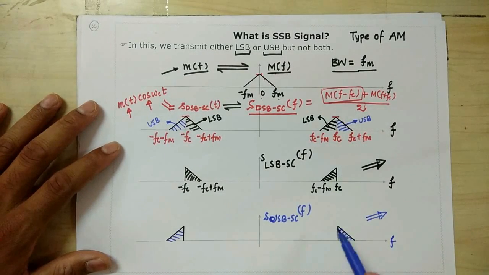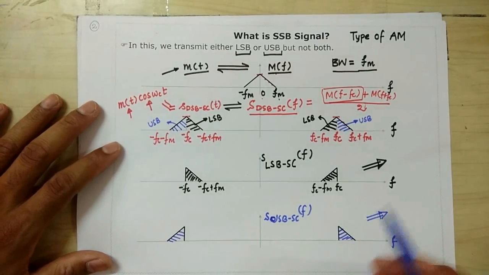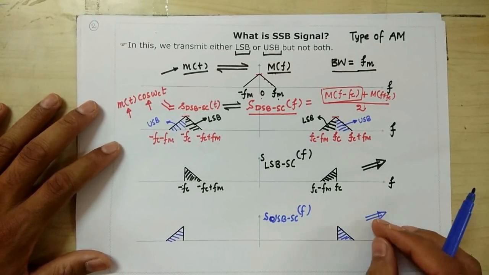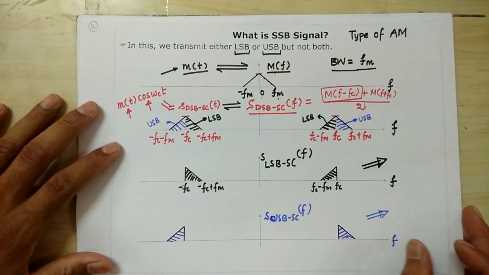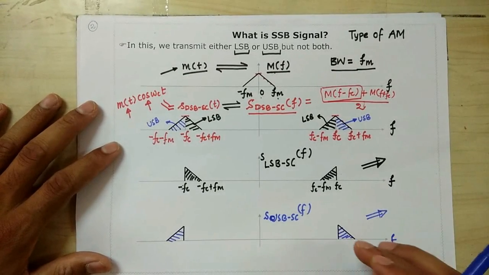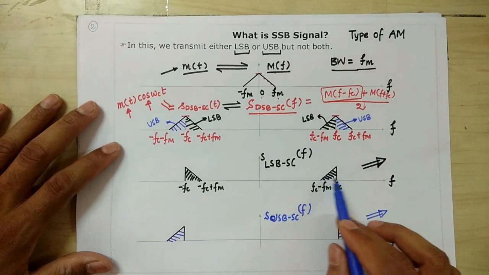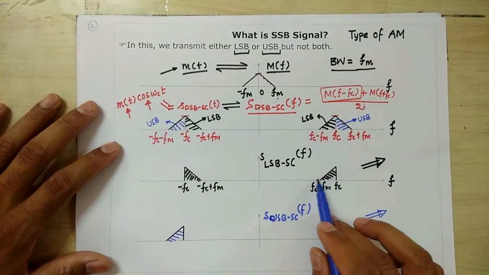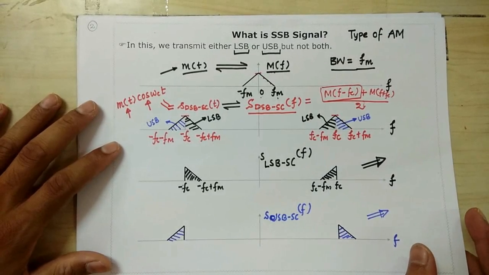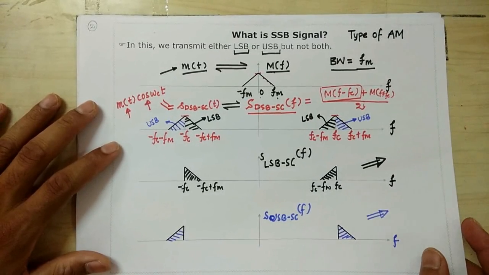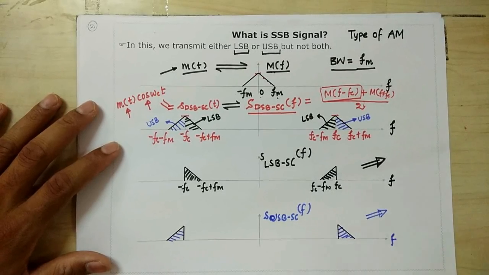So at the receiving end, we can generate LSB from USB or USB from LSB, and we can recover the message signal back. By removing one sideband, we actually don't lose any information. So this is the basic idea behind the transmission of SSB.